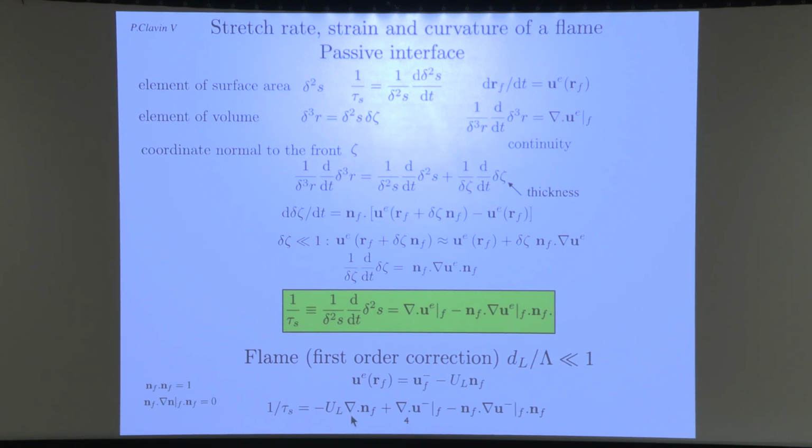What is the gradient of the normal in geometry? What is the gradient of the normal of a surface? Nobody knows? It is simple. It has a simple signification.